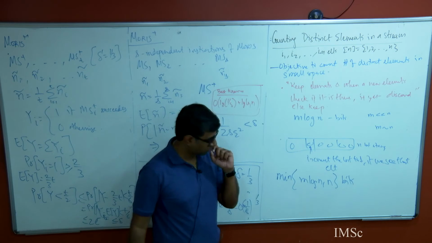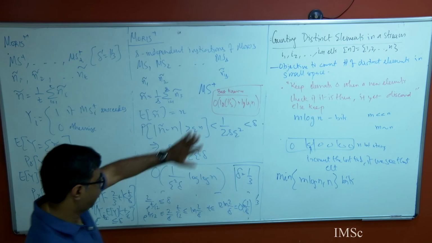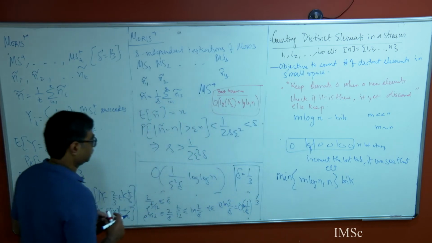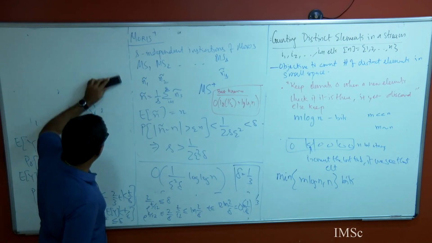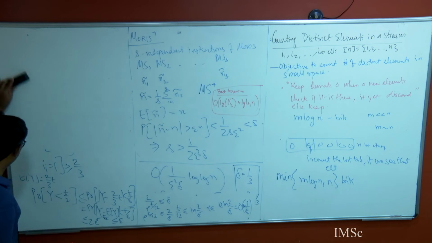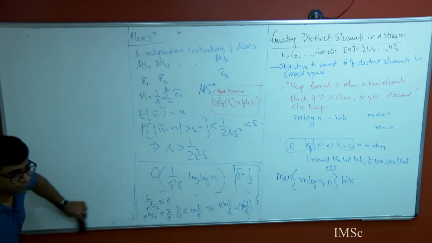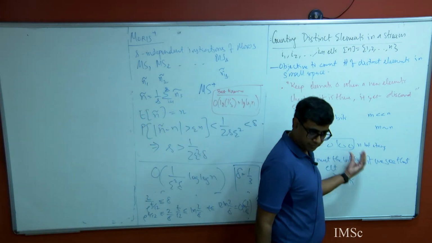Now, you got the problem and the two simple solutions. Now we are going to be in the regime where I'm happy if you give me some estimate of the number of distinct elements.